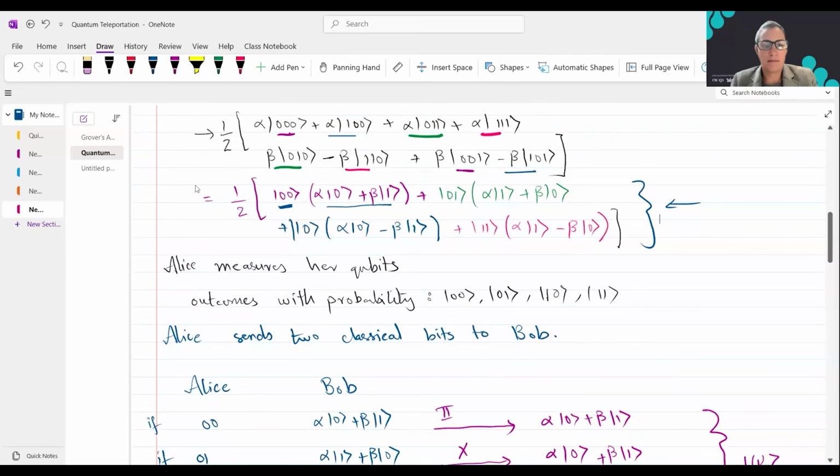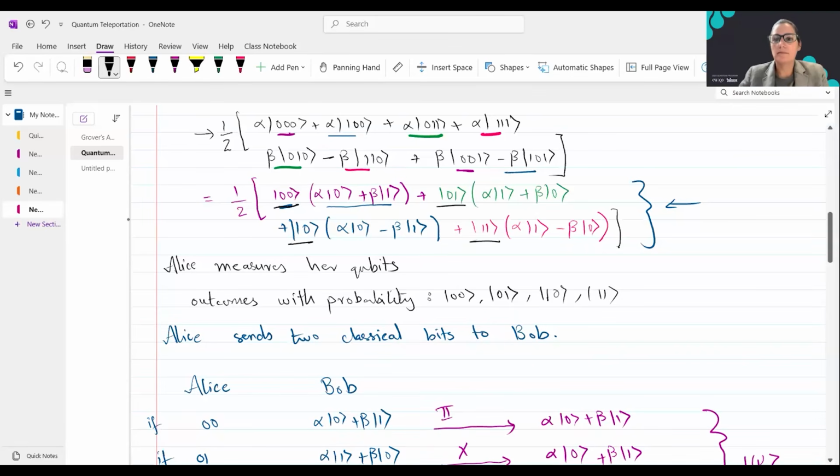And as you can see from the representation of the quantum state of the entire circuit over here, when she measures her qubits, there are only these 4 possibilities: the 0 0, 0 1, 1 0, and 1 1 states.